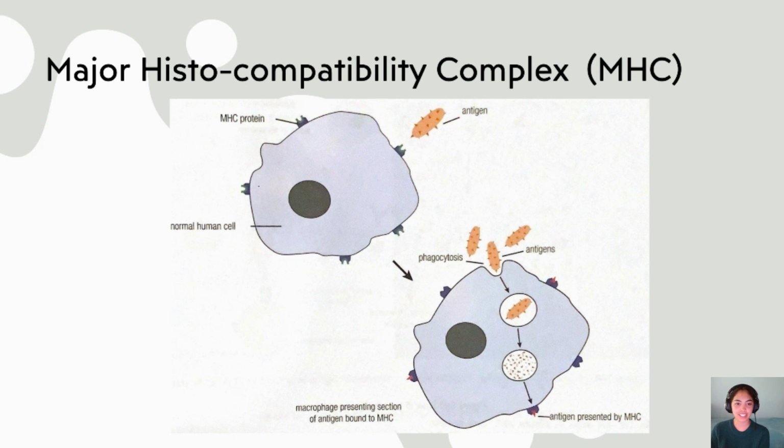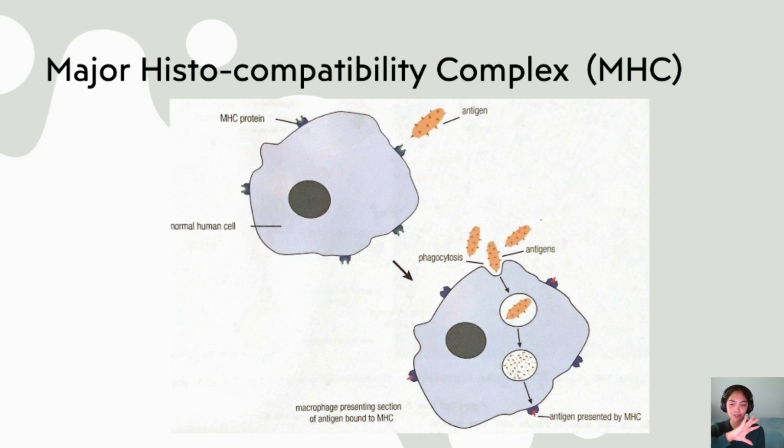We can see that we've got our normal human cell here, and we have an antigen that's come in, and what you can see here is the process of this foreign particle being eaten, which is called phagocytosis, and it is now presenting the antigens by the MHC complex.